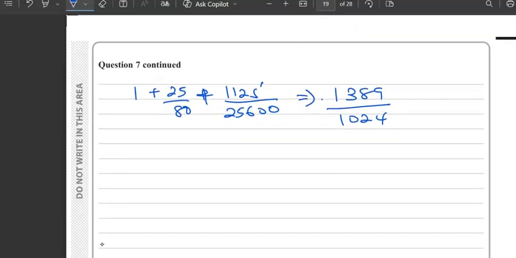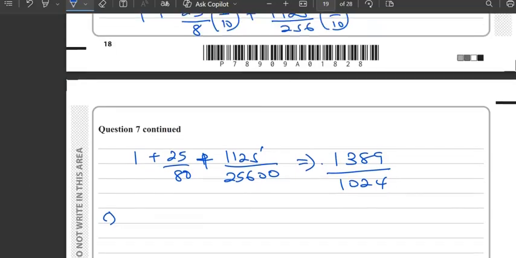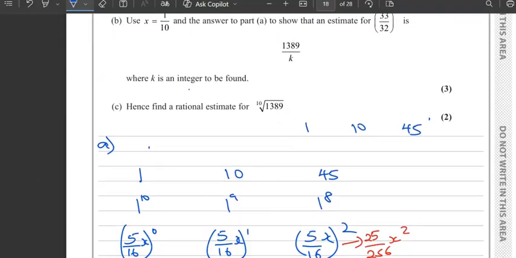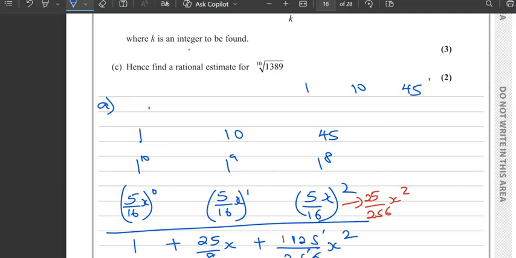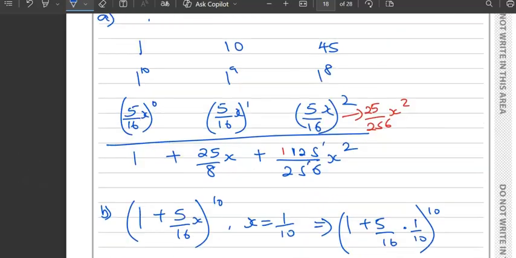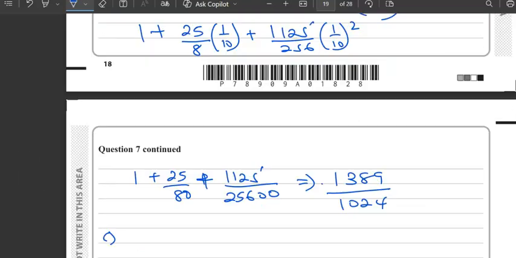Then we can also consider part C. In part C of the question, you are given, hence find a rational estimate for the 10th root of 1389. So what are we supposed to do in this case?